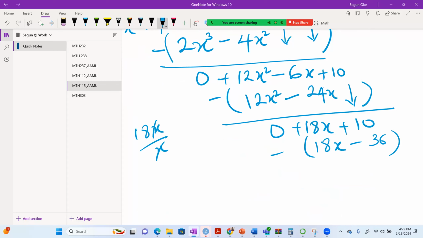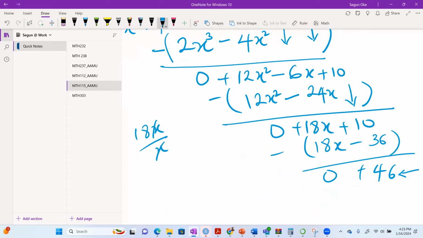So when you add this together, you have 0. Then you have plus 46. So our remainder is 46. We have remainder to be 46.